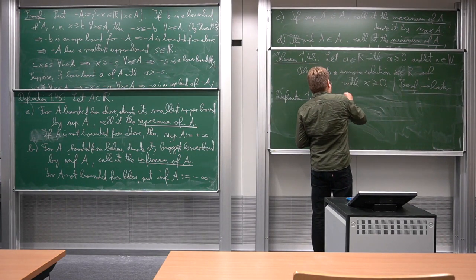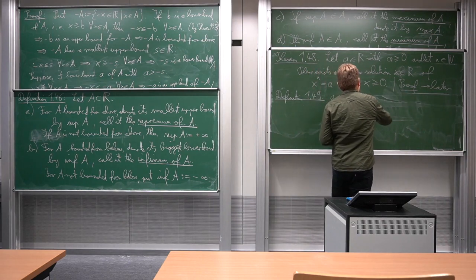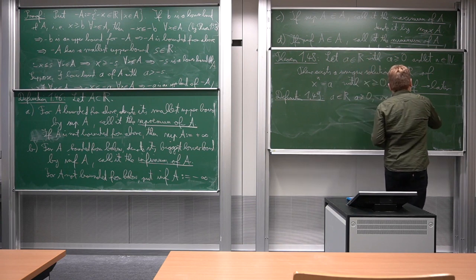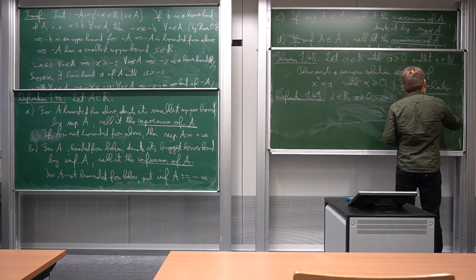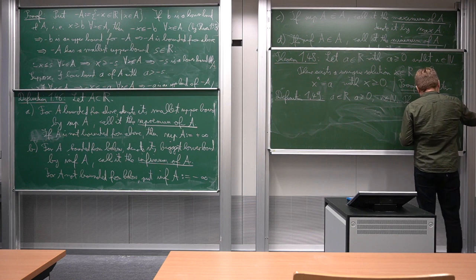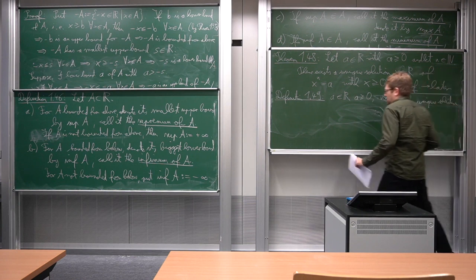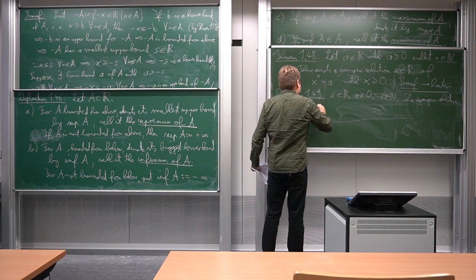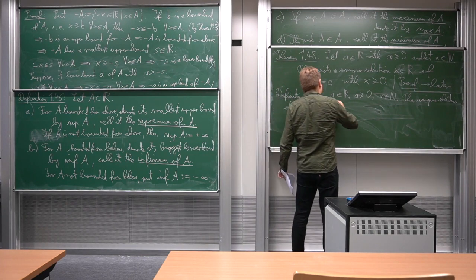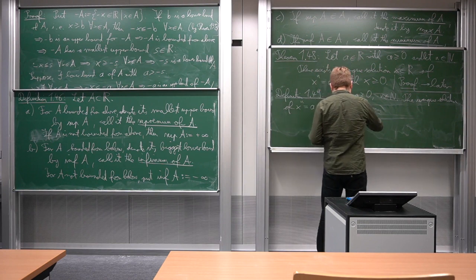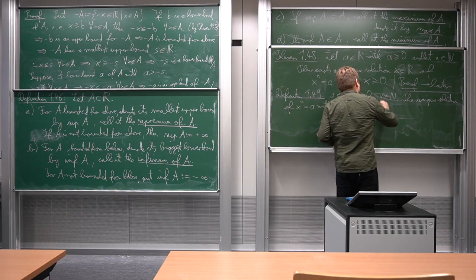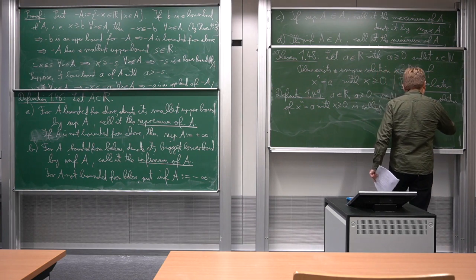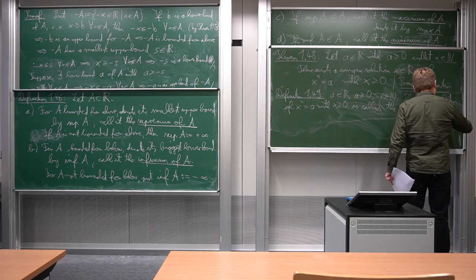Let A in R with A non-negative and n in N, and this unique non-negative solution of x to the n equal to a is called the nth root of a.